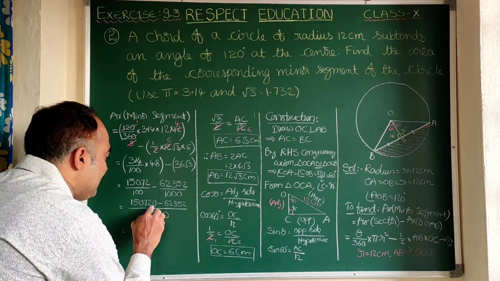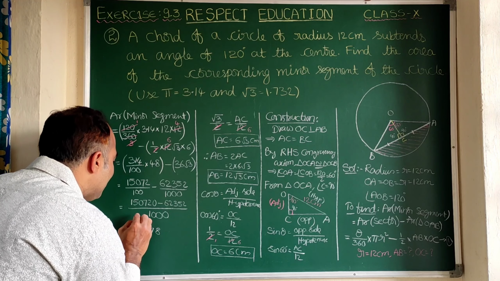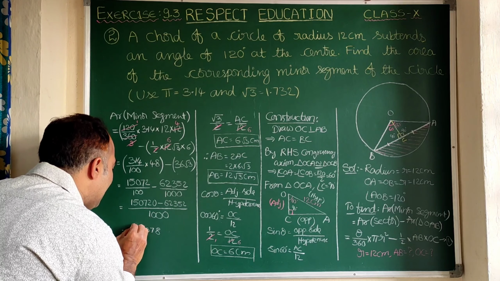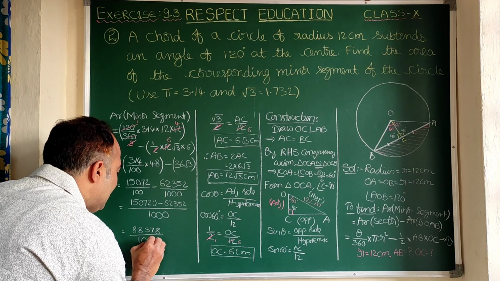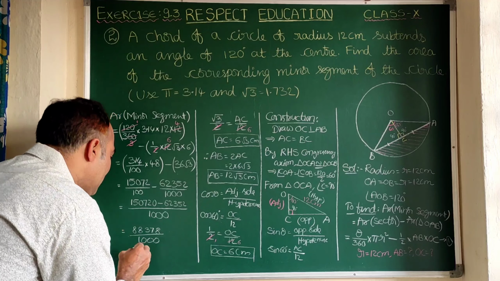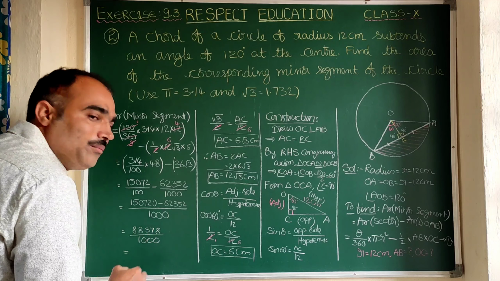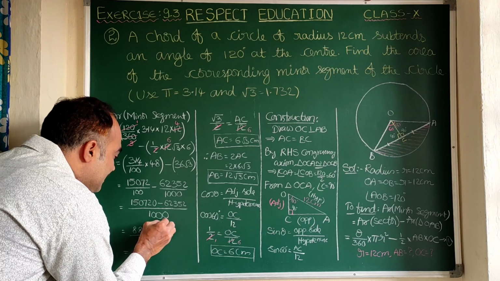It is 10 minus 2 is 8. It is 12, 12 minus 5 is 7. It is 6, 6 minus 3 is 3. It is 10, 10 minus 2 is 8. It is 14, 14 minus 6 again 8. So by 1000. Since there are 3 zeros, let us keep the decimal point after 3 digits from right to left. So it will become 88.378.